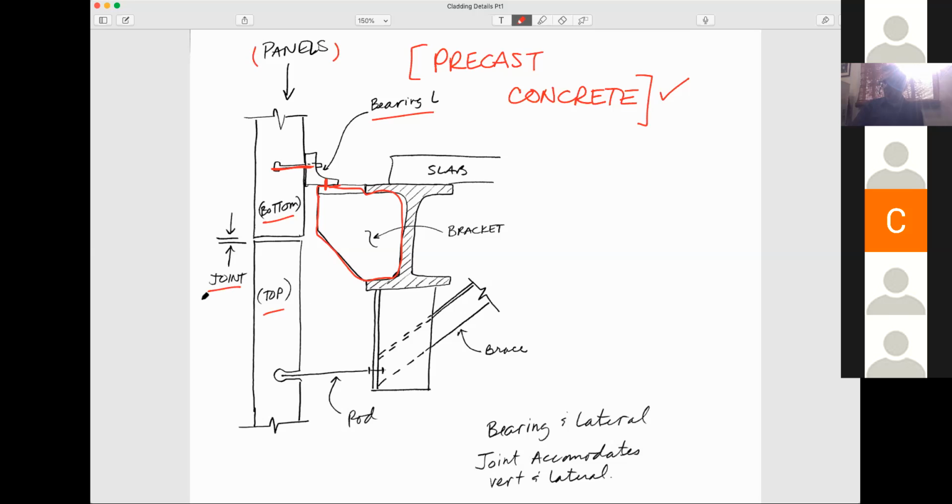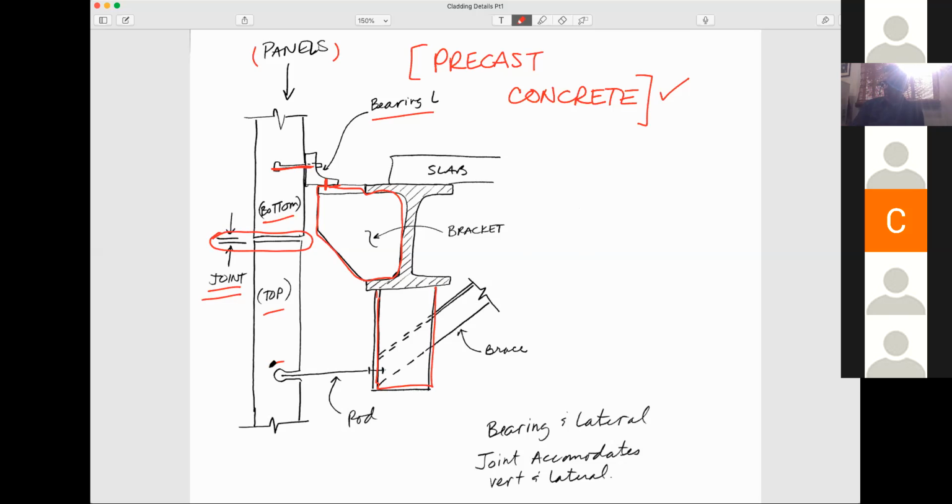And then you've got a joint that would have an allowance here for relative movement, one to the other. The size of that obviously depends on the size of the panels. From the bottom here, we've got a stiffener that's also put on, and then a brace that would be diagonal, connected back to the rest of the structure.